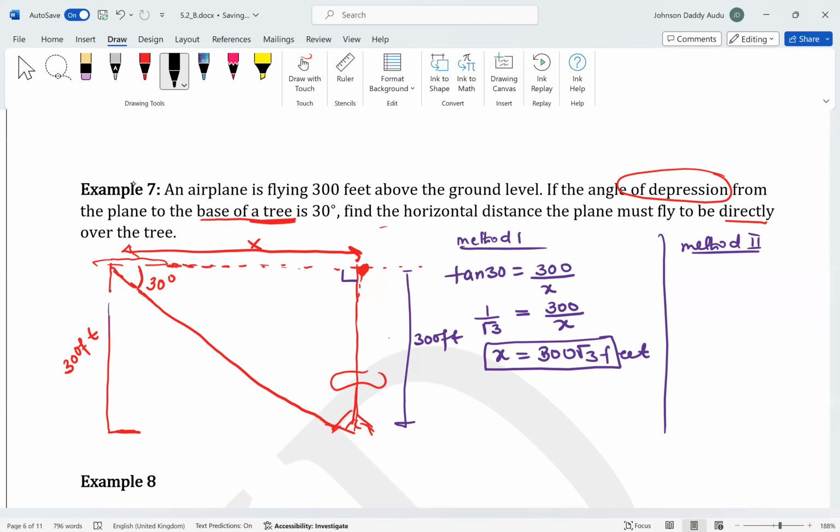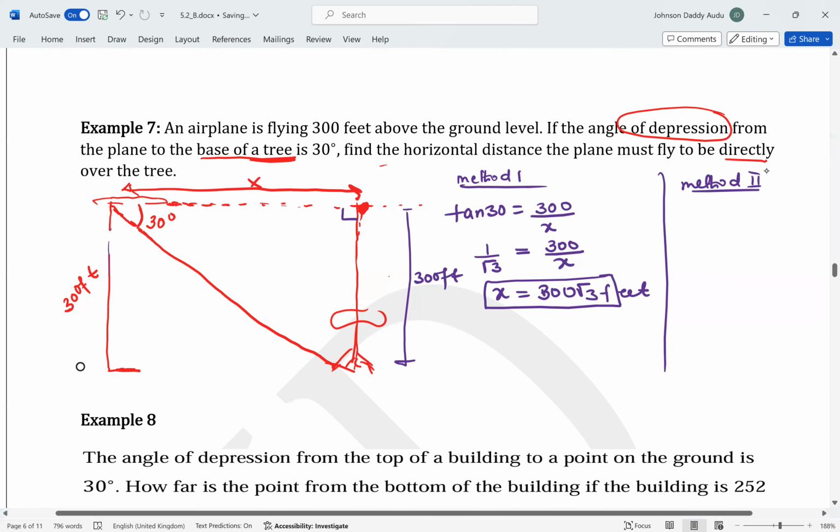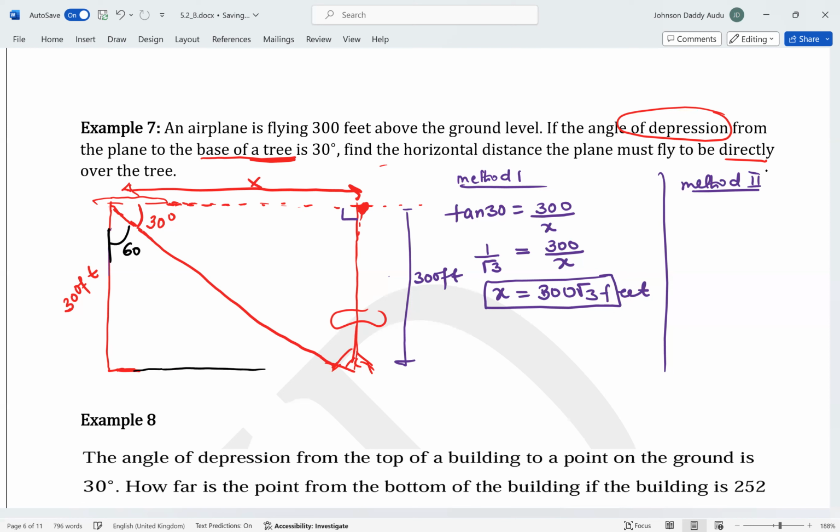Since we know that here is 30 degrees, here will become 60, right? And then we can find the distance. The distance from here to here is going to be the same. If this is X, this is also going to be X, right? And here is also going to be another right angle.